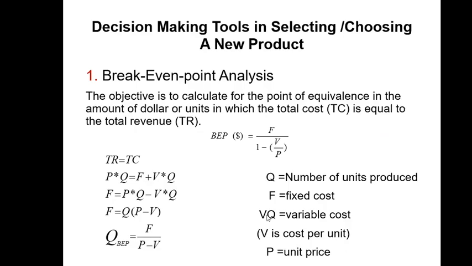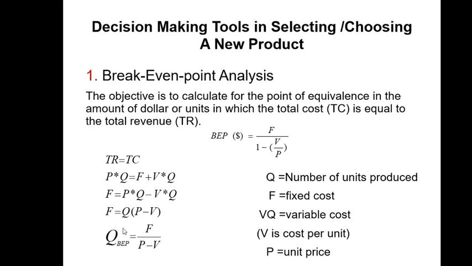Okay, now we will come to an easier topic, which is decision making tools in selecting or choosing a new product. We will use another tool, which is the break-even point analysis. In break-even point analysis, at this moment, I want you only to look here.